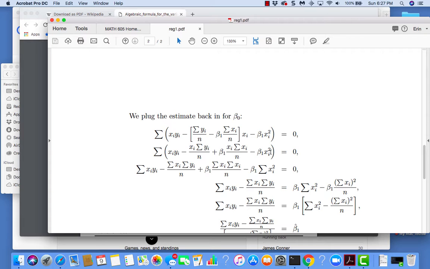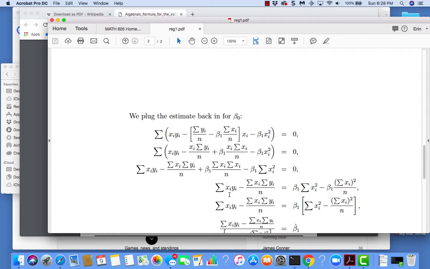Okay, now let's operate with the summation, and I have summation of x i y i minus summation of the x i times summation of the y i over n plus summation of the x i times summation of the x i over n, and then minus beta 1 summation of the x i squared. Okay, so in this one I'm solving for beta 1.